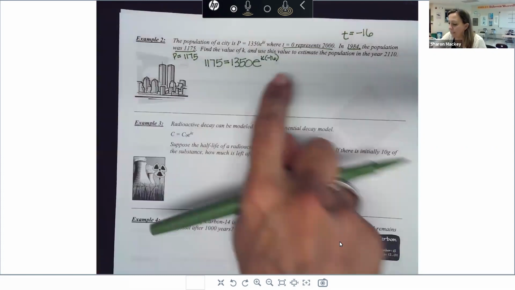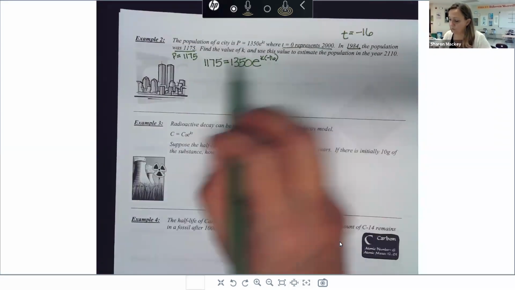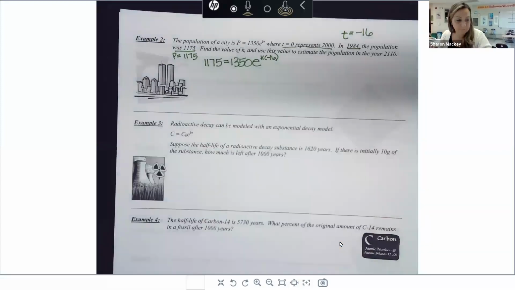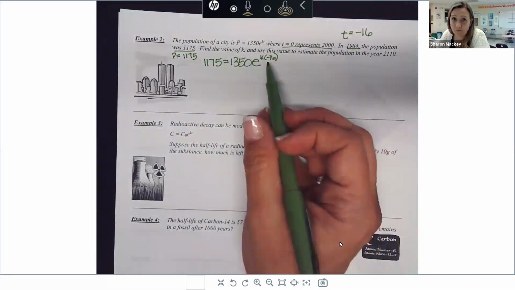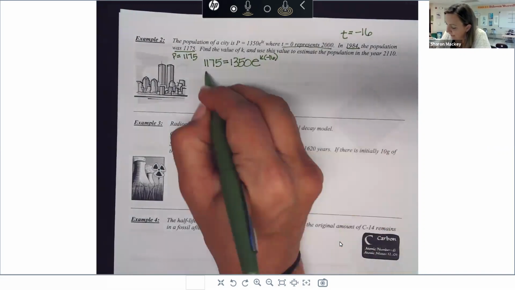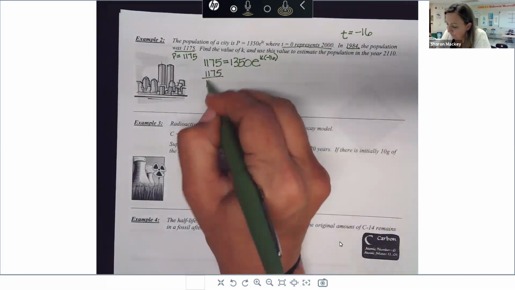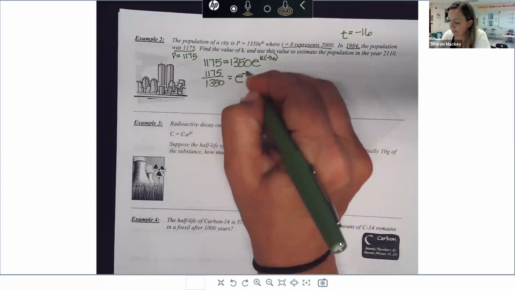So again, we put these values in because when t is -16, the population was 1,175. Well, I'm going to try to isolate k, so try to solve for k. So I could start by dividing by 1350. And again, let's not write any decimals because that chops off our work.